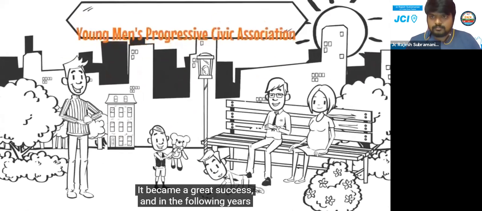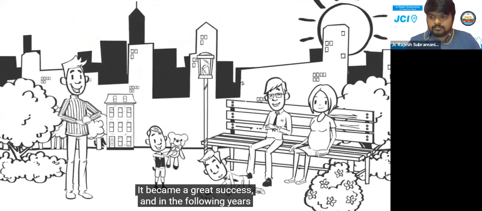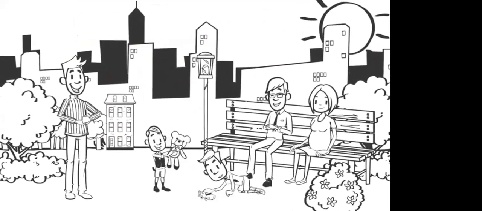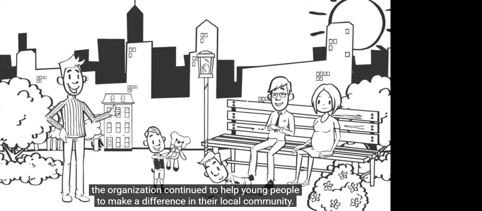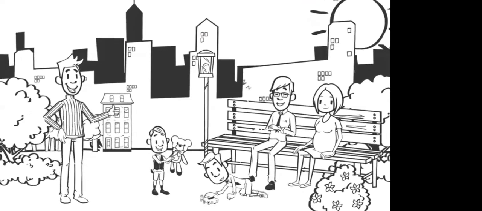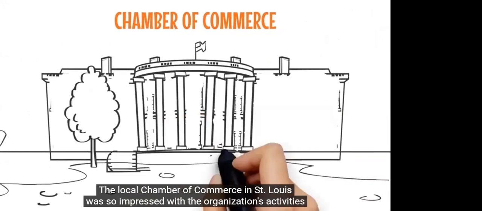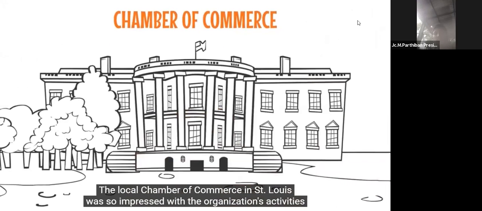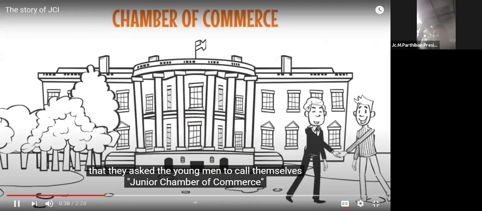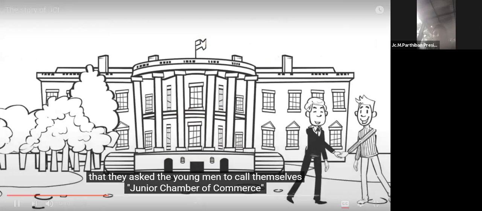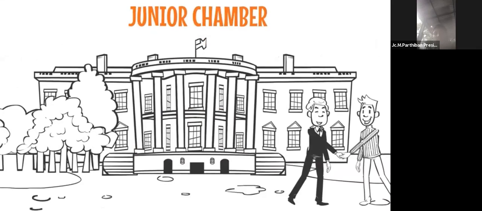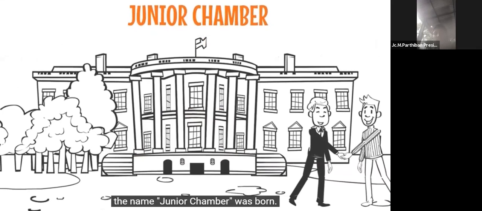It became a great success, and in the following years, the organization continued to help young people to make a difference in their local community. The local Chamber of Commerce in St. Louis was so impressed with the organization's activities that they asked the young men to call themselves Junior Chamber of Commerce. The name Junior Chamber was born.